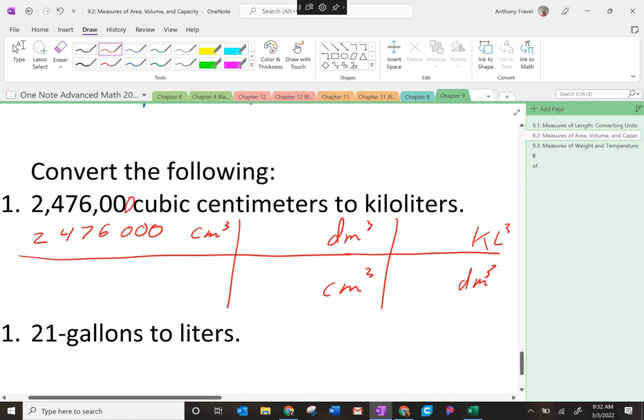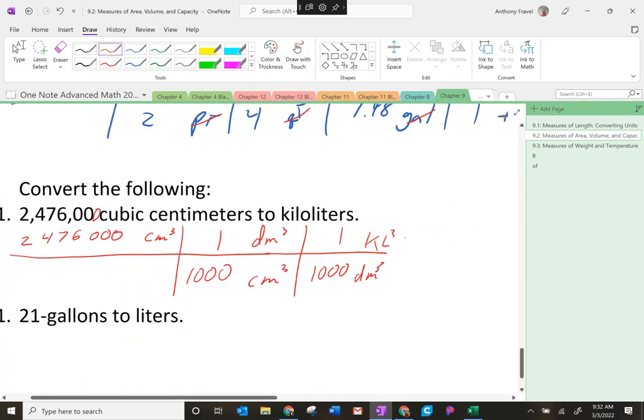So based on that chart, centimeters to decimeter, I've got 1 cubic decimeter is the same as 1,000 cubic centimeters. And then I've got decimeters to 1 kiloliter. So I've got 1 kiloliter up here. This one down there is 1,000 decimeters.